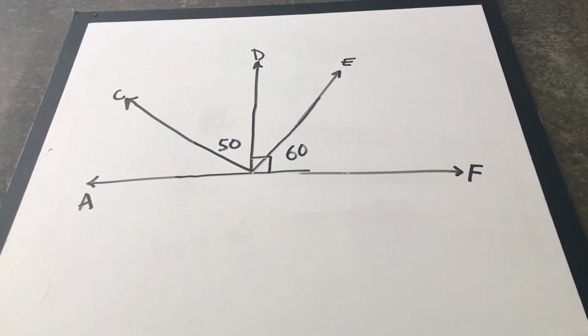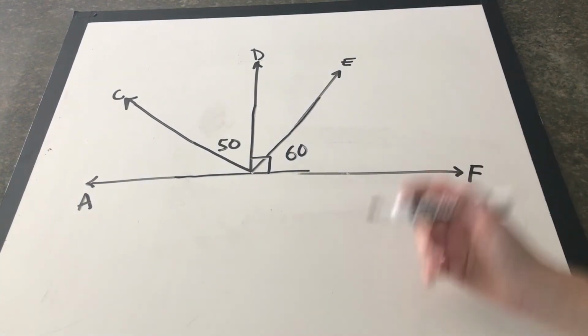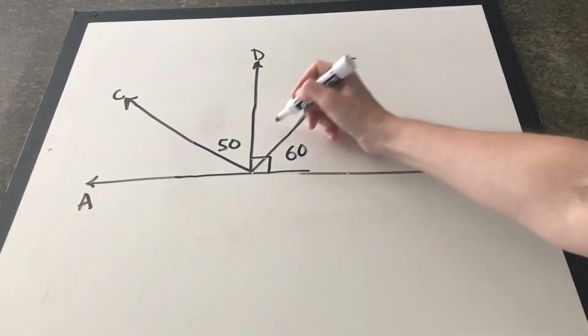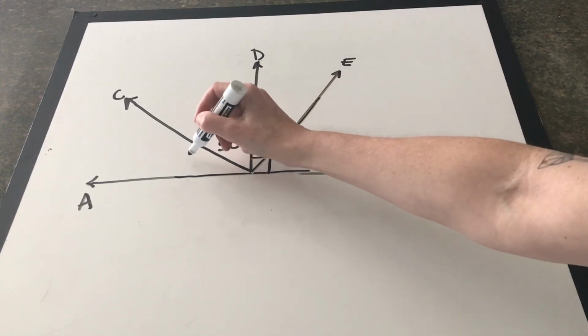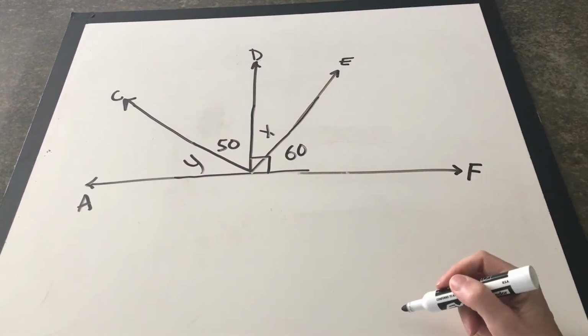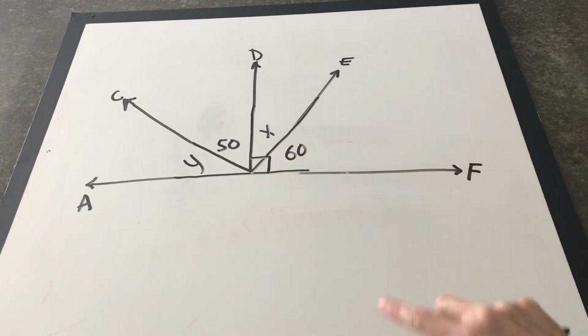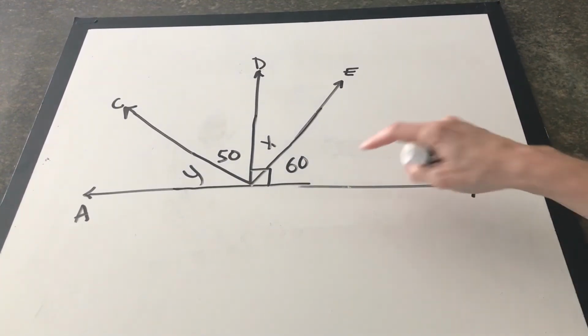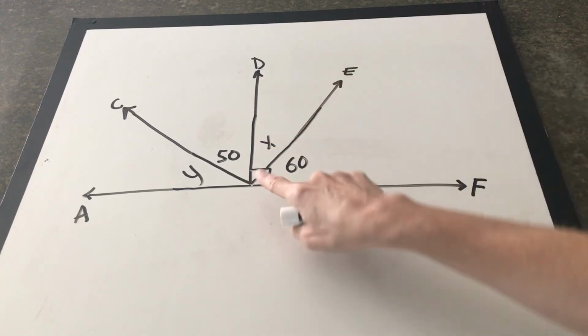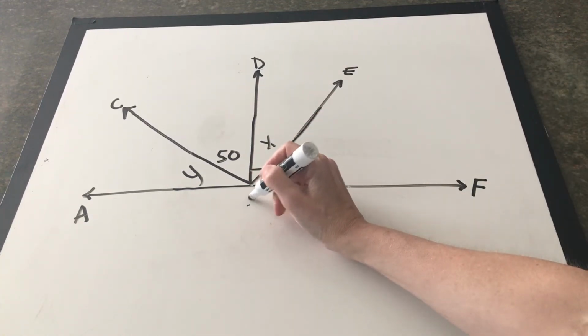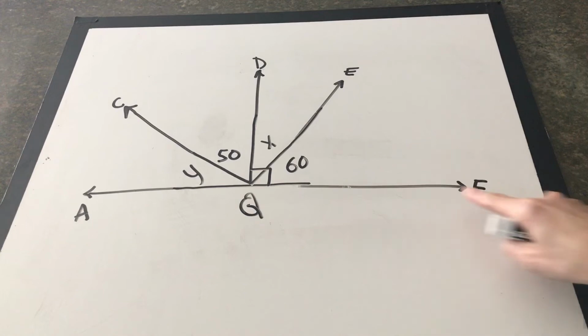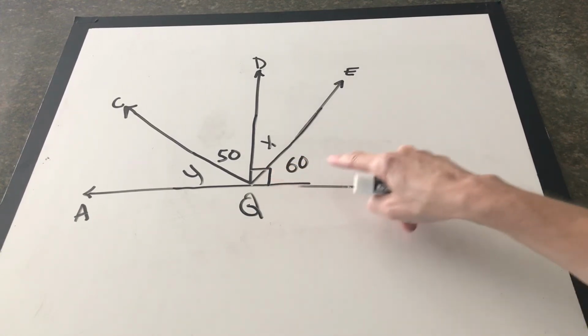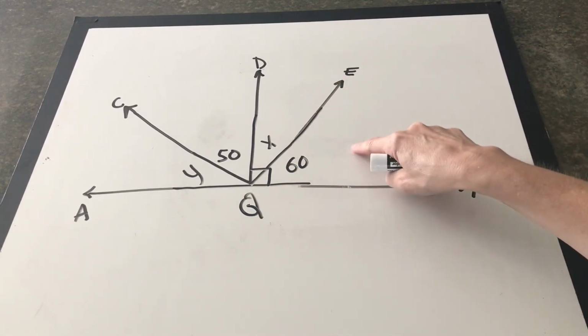So in this last example, you're going to see complementary and supplementary angles in one picture. And if they're asking you to, let's say, find the unknown angles, X and Y, well, you've got a lot of clues here as to how to go about that. You can think of it in terms of DQF, let's see if this is Q, being a right angle, you know these two together have to be 90 degrees.